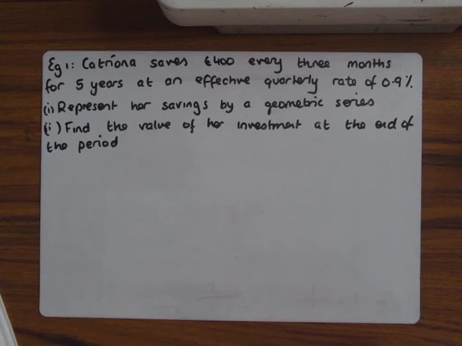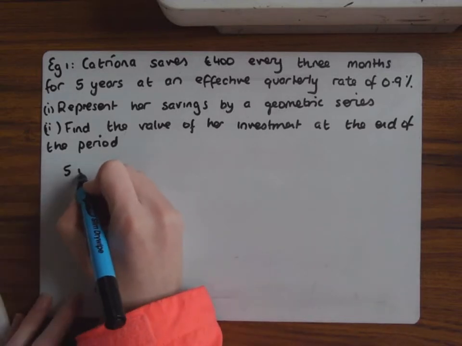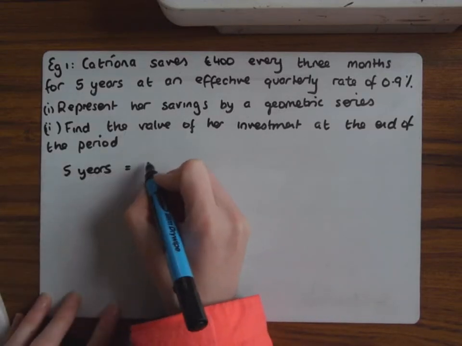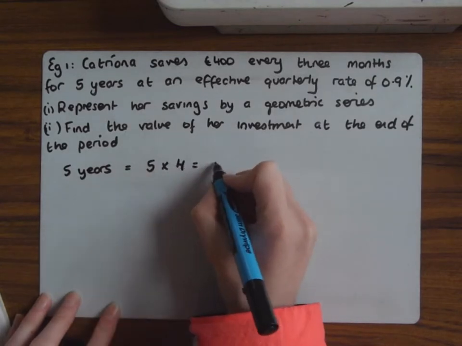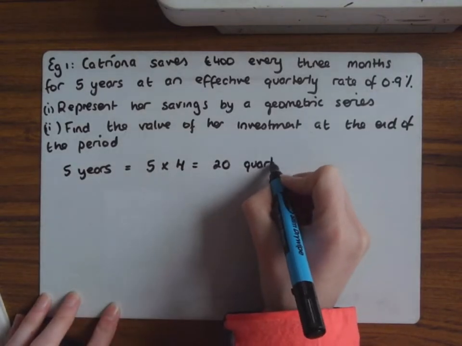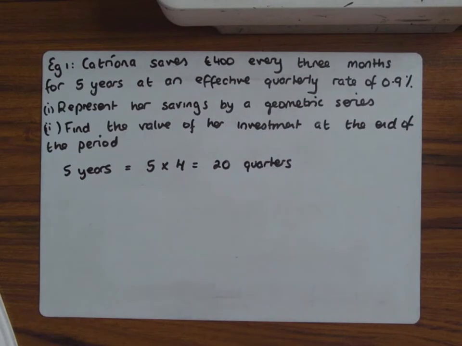How many quarters is that? Yeah. So 5 years, 4 quarters in a year. So we're talking about 20 quarters or 20 payments.